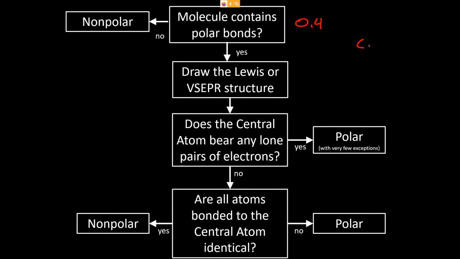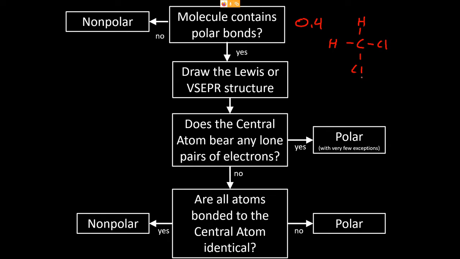So for example, if we had this molecule, we have carbon, and it's bonded to two chlorines, and it's also bonded to two hydrogens. So what we're going to do to determine if we have polar bonds is look at each of these bonds, look at the electronegativities of the things that are bonded together, and see how much they differ.